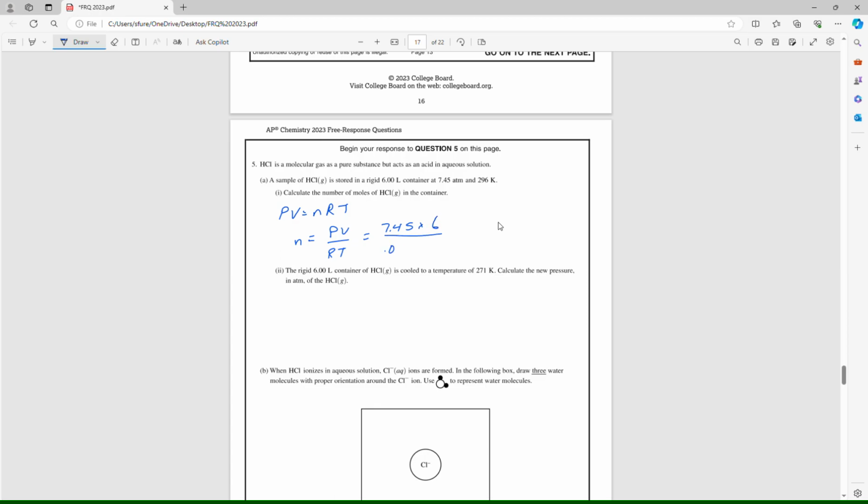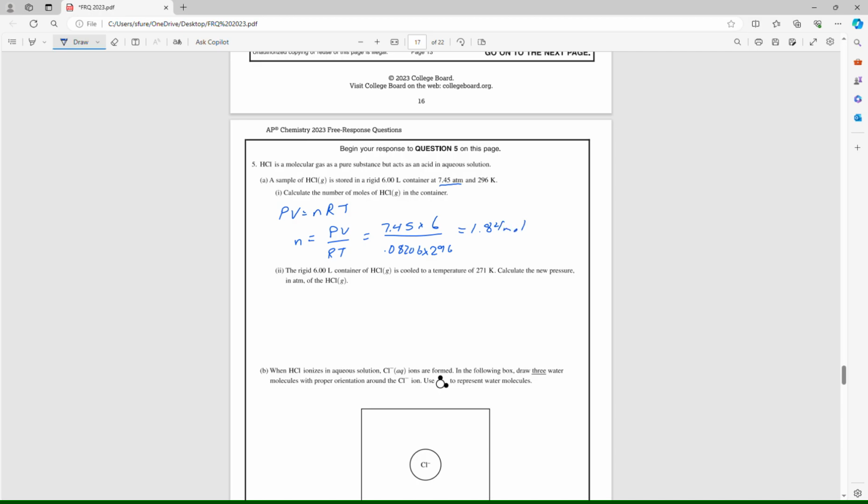R is 0.08206. We're using 0.08206 because we're in atm. If it was torr, we would use 62.36 for R. But we are given atm. And then our temperature is 296 Kelvin. So this works out to be 1.84 moles.